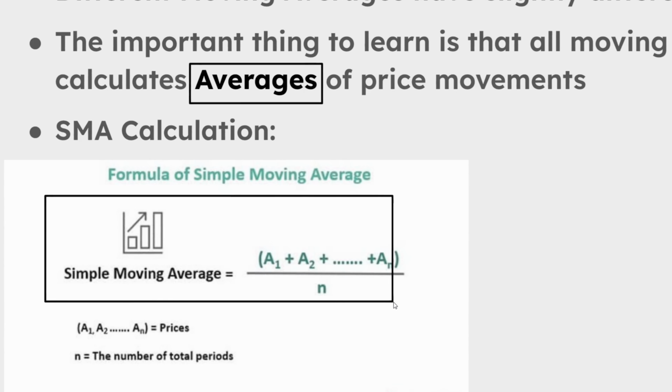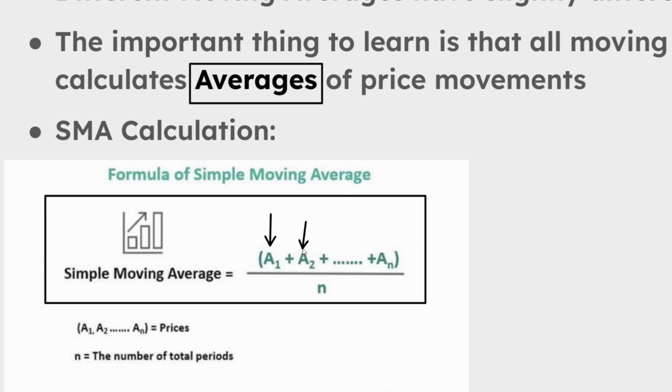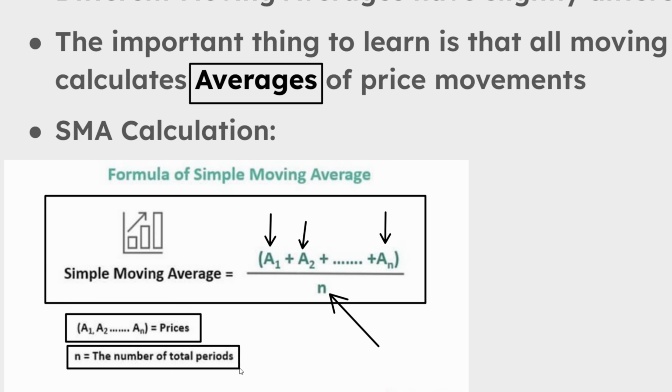As you can see, right here we have the formula for the simple moving average. You can see that we have A1 plus A2 and so on up to AN. And these fancy letters are super simple. It's simply where a candle closed. Then you can see that we divide all of the closing prices by N. And N simply means the number of total periods, or in other words, the length of the moving average.